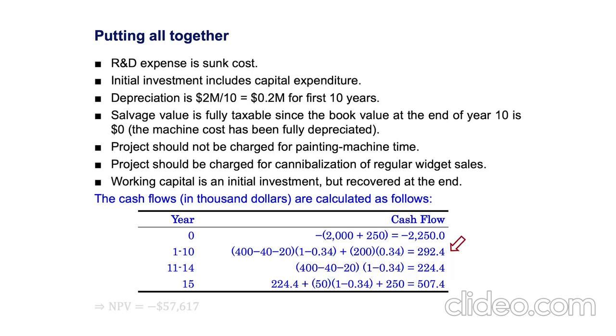In year 1 to 10, the cash flow is after-tax profit, which is $400, it's the sales, minus $40, that's the expenses, minus $20. That's actually the cannibalization of existing sales. And then times 1 minus 0.34, that's the tax rate, plus the tax credit from depreciation, which is 200 times 0.34.